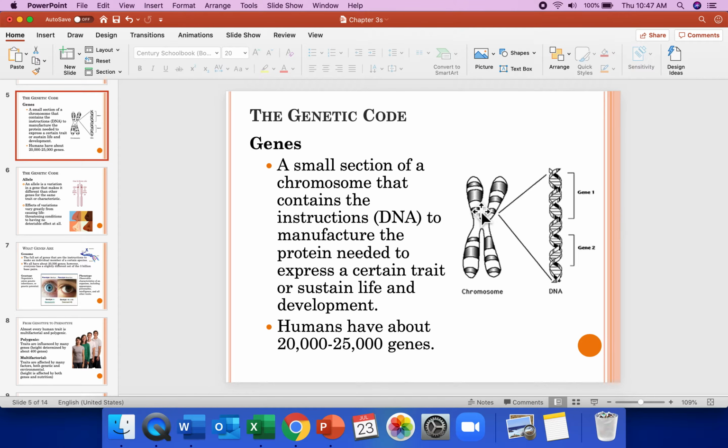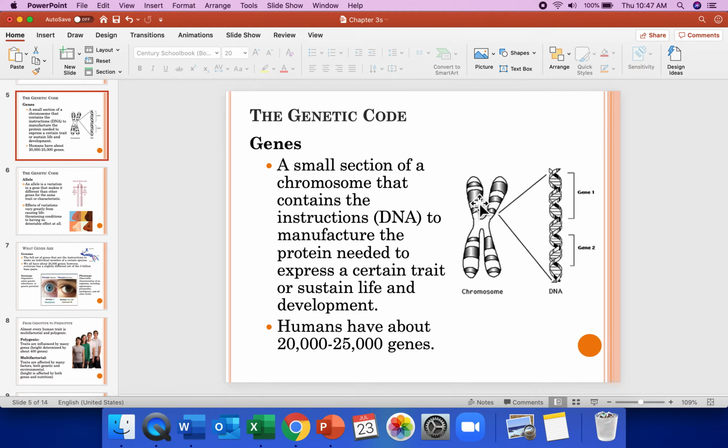So what is a gene? A gene is a section of a chromosome, a section that is in charge of a particular trait or function. So on the chromosome, one of those 23 pairs, there are different sections that are in charge of different functions.